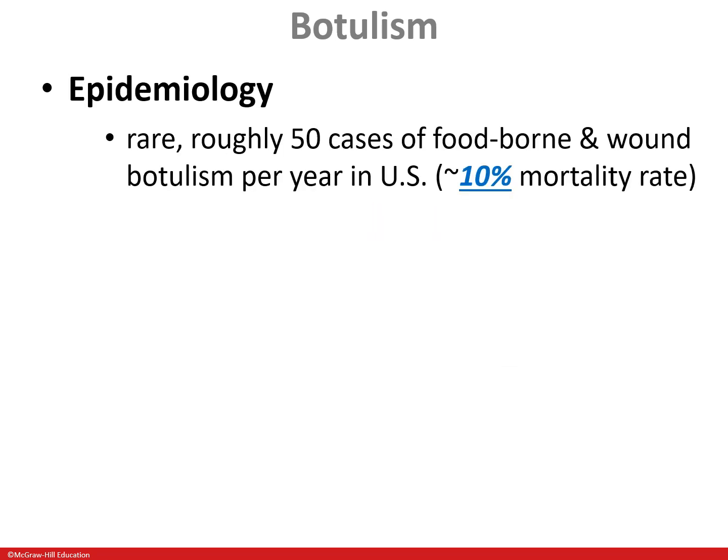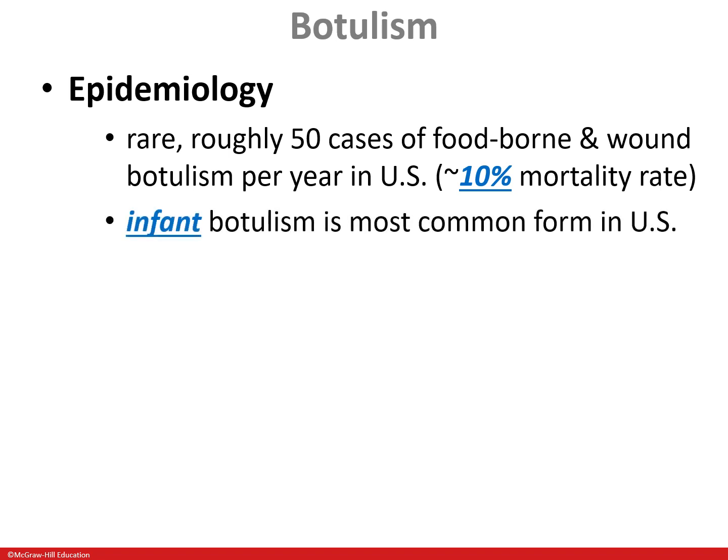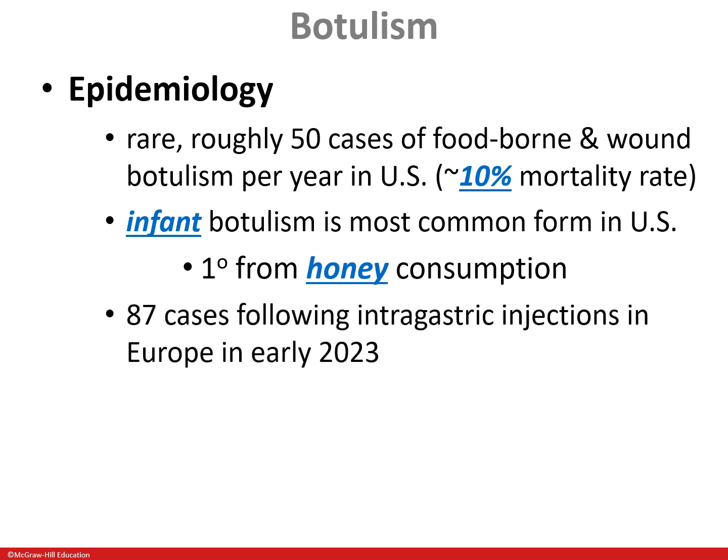So botulism is fairly rare in the U.S., and most of those cases are going to be wound and foodborne botulism. And of course, there is a fairly high 10% mortality rate, even though we know how to identify it and we have treatments. But infant botulism is still the most common form, and it is, again, typically associated with honey consumption, which is why we pasteurize most honey now.